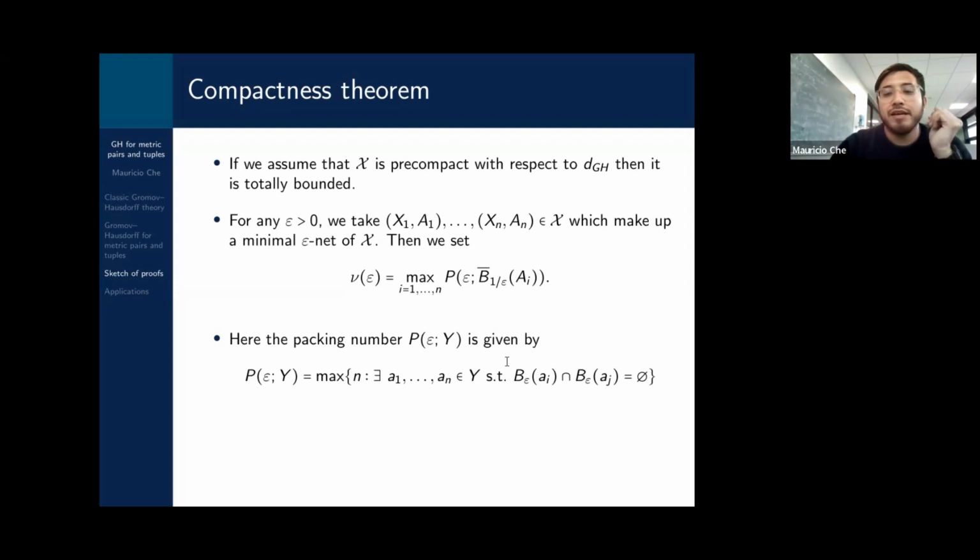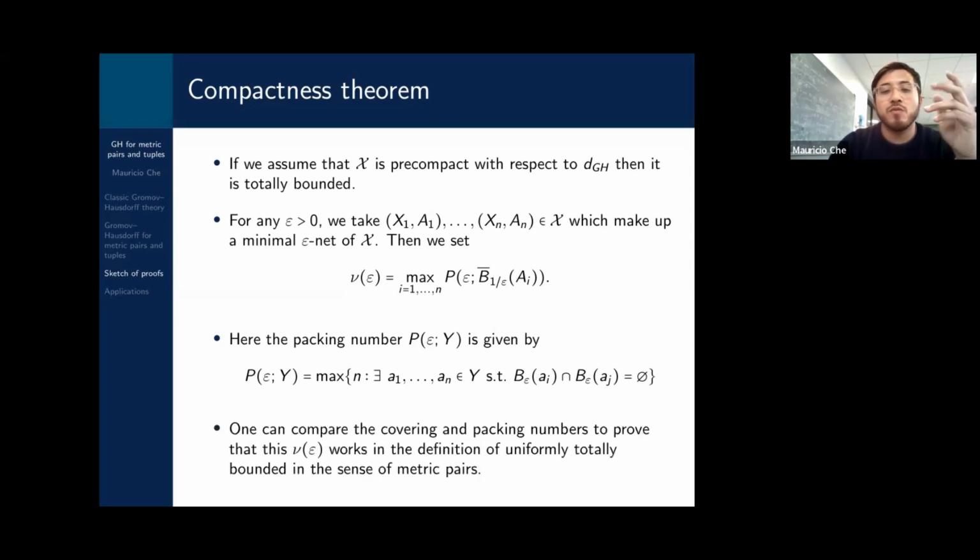Then we can look at the packing numbers of epsilon and the large balls around the distinguished sets Ai, where i goes from 1 to n. So we look at the subsets Ai and these balls around them and their packing numbers, and we take the maximum of that.